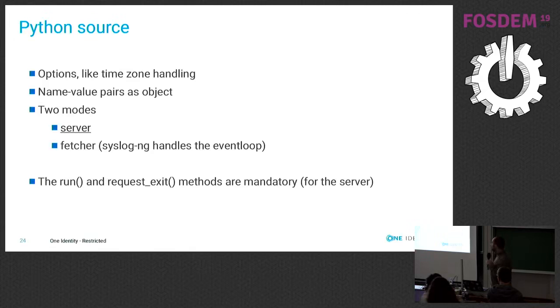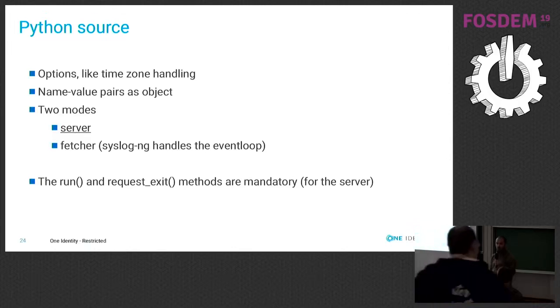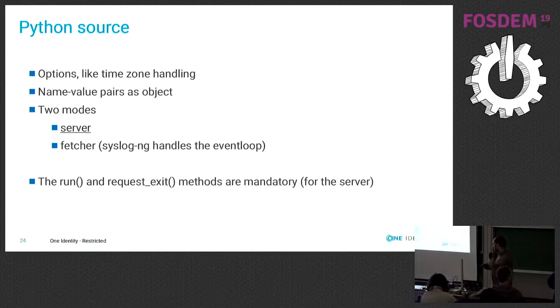In my example, I used the server part, and the server has 2 mandatory methods, the run method and the request exit. The latter one is necessary to quit from our own event loop.